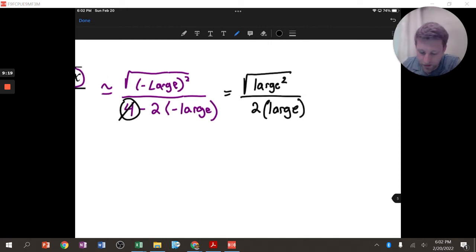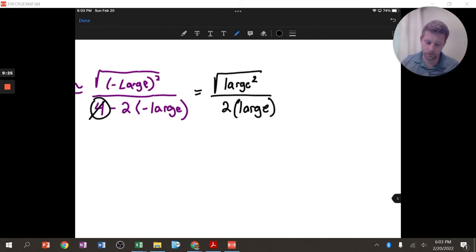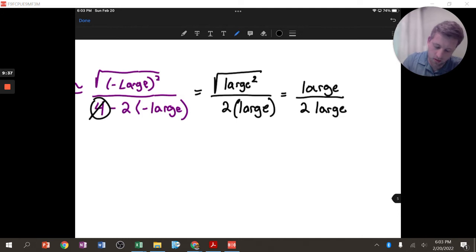So when we get done with this, we have a square root of something large squared, which that square root and the squared would cancel out. And we would consider this as just something large over 2 times that same large value.